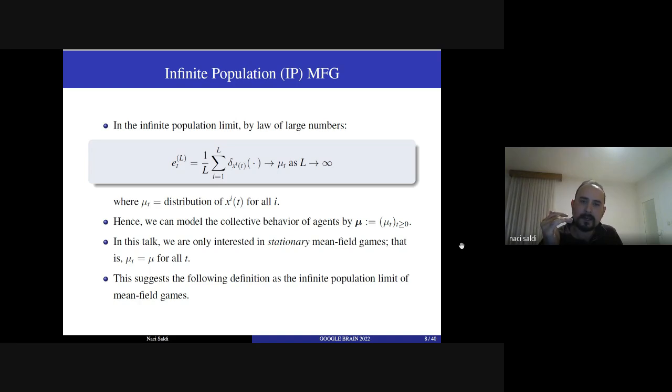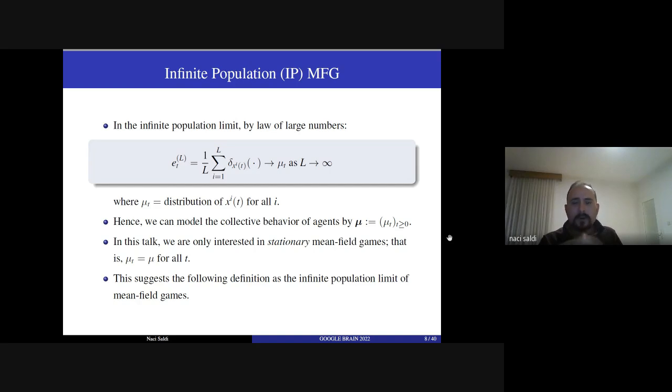And this is by the law of large numbers. Also, this limiting distribution mu t is equal to the distribution of the states of agents at time t. Therefore, since we have this result by the law of large numbers, we can model the collective behavior of agents by a state measure flow mu, which contains these limiting deterministic distributions.